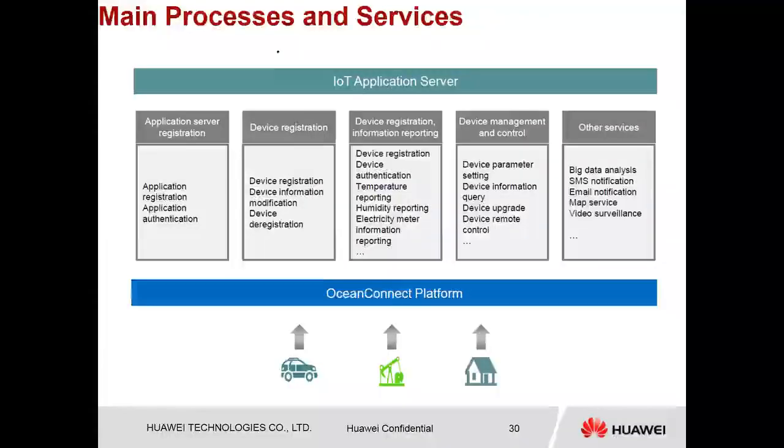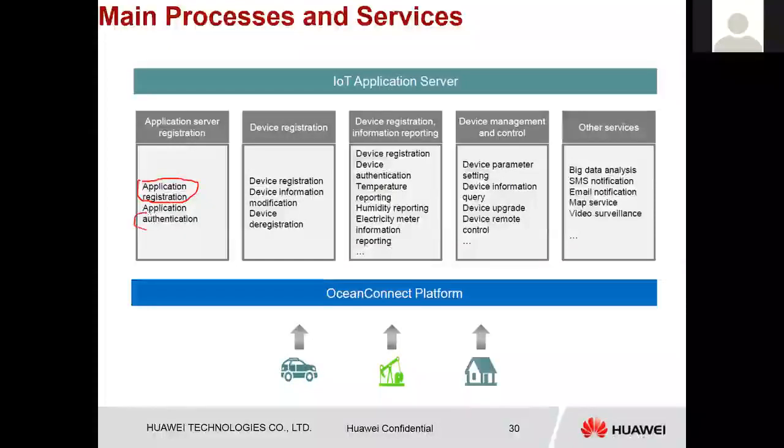And then next are all the main processes and services on our IoT platform. First is the application server registration. Registration includes registration and authentication, device registration and modification, and device registration information reporting.